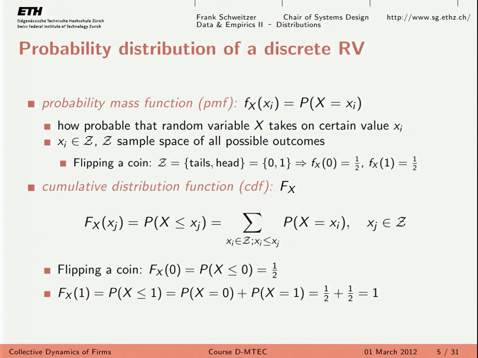The cumulative distribution function, which is sometimes only called the distribution, is the capital F of x. And this gives you the probability that a value randomly drawn from the underlying distribution function is below a given value x_j.